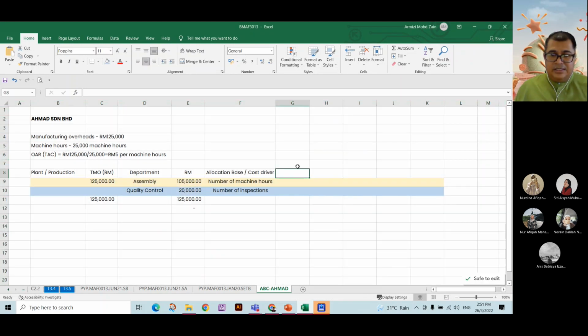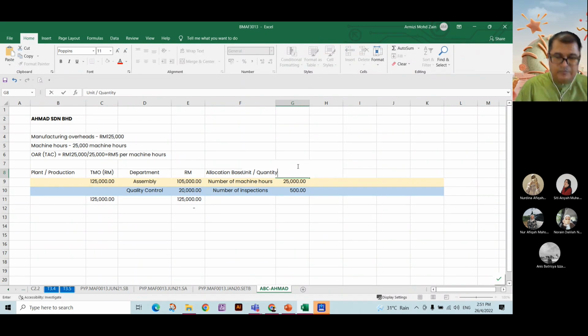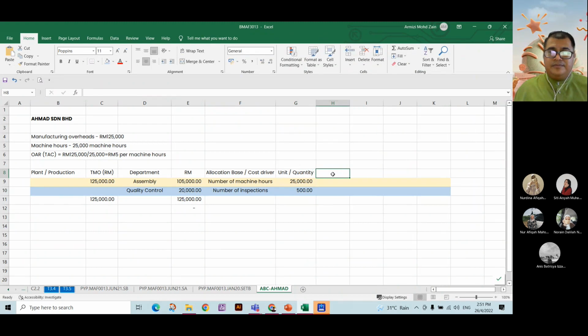Okay, then here we know the number of machine hours is 25. For this one we give an example of 500, its unit and its quantity. Okay, how do we calculate the OAR? Very simple. 105 divided by 25, and then you will get this.